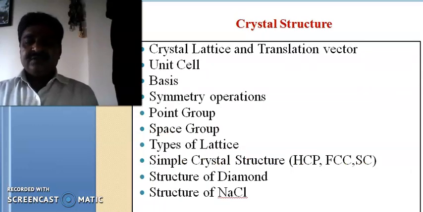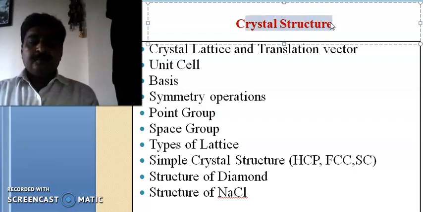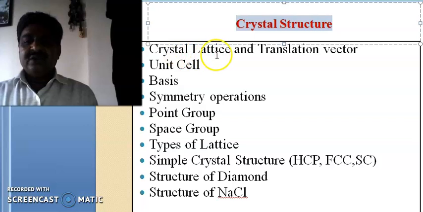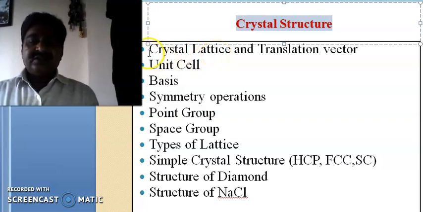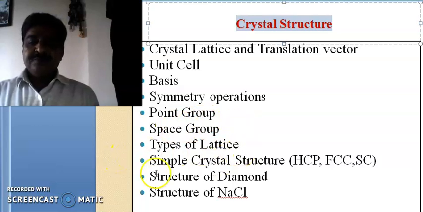In this first unit, crystal structure, the various concepts included in our syllabus which we are going to discuss are: crystal lattice, translational vector, unit cell, basis, symmetry operations, point group, space group, types of lattice, simple crystal structures, that is HCP, FCC, face centered cube, all discussed in detail.